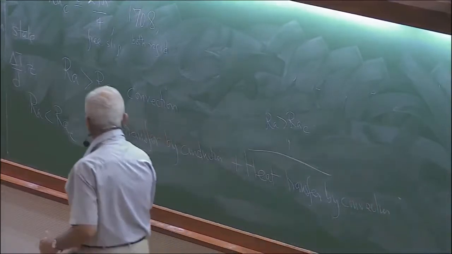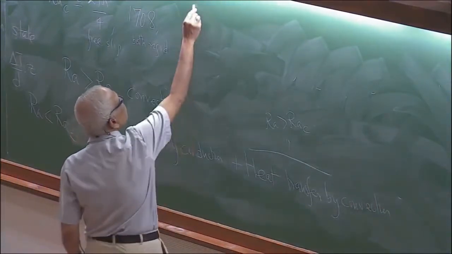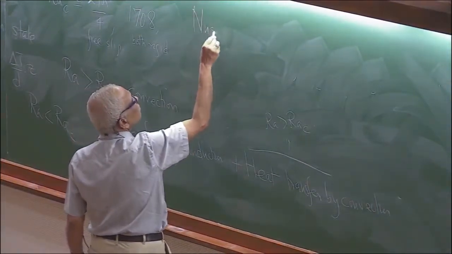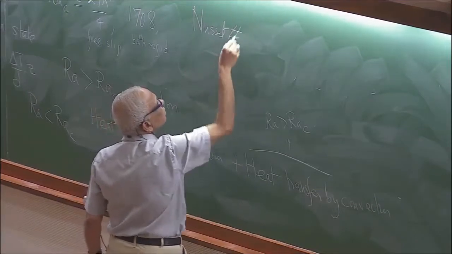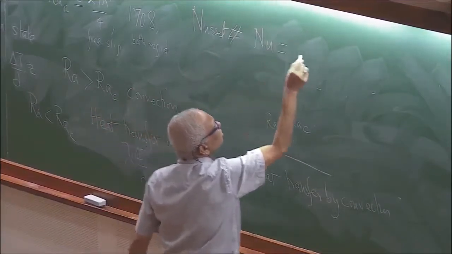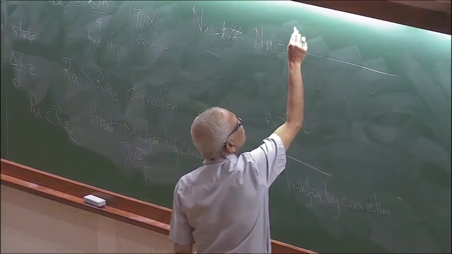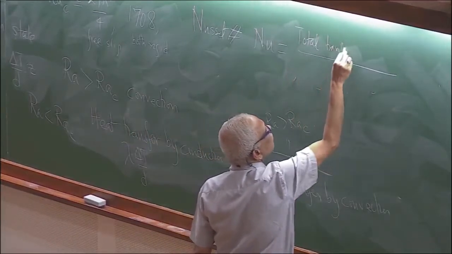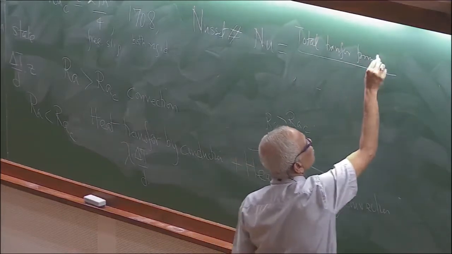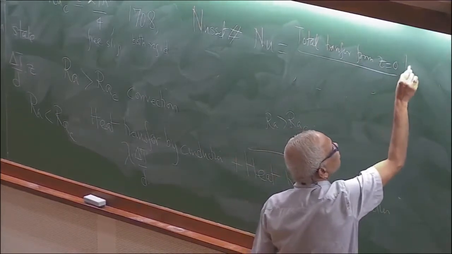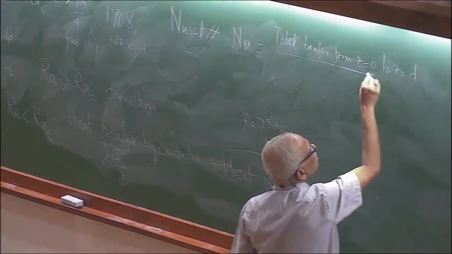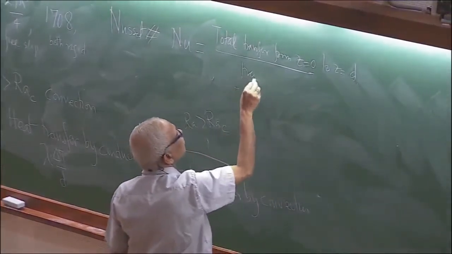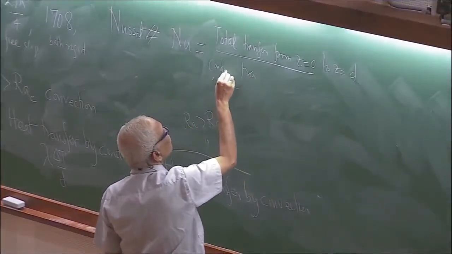And there is this Nusselt number, Nu, which is the total transfer of heat from Z equal to 0 to Z equal to D divided by the conduction transfer.